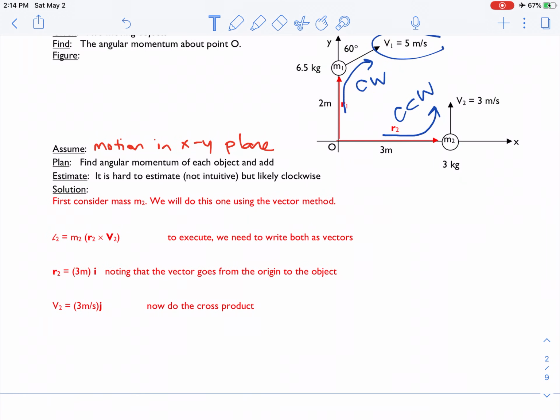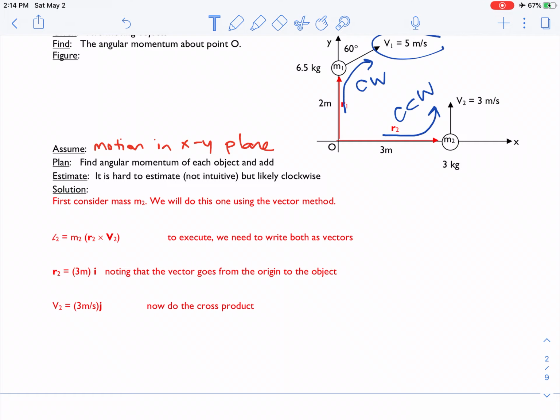Okay, let's start the solution. If you remember, I reviewed a little bit of the cross product, and there are two ways to find it. The equation sheet has A cross B, just general A and B. In this case, we have R and P instead of A and B, to find the angular momentum.